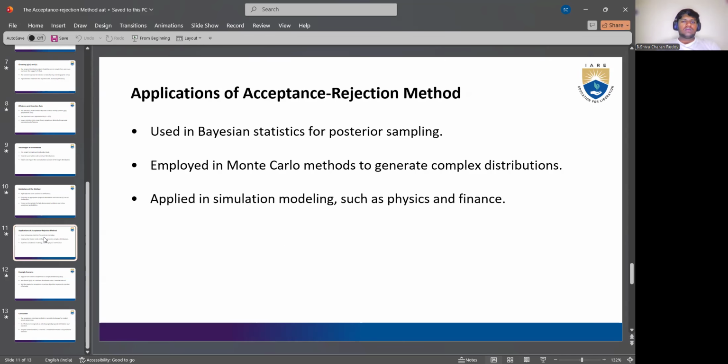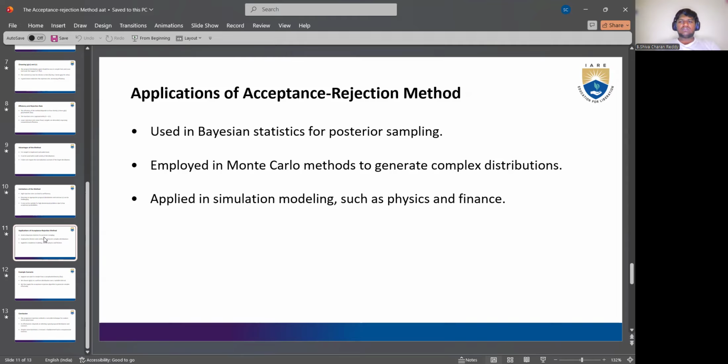Coming to applications of the acceptance and rejection method, this method is used in Bayesian statistics for posterior sampling. It is also employed in Monte Carlo methods to generate complex distributions. It is also applied in simulation models such as physics and finance. As said at the start, it is used in Bayesian statistics for posterior sampling.